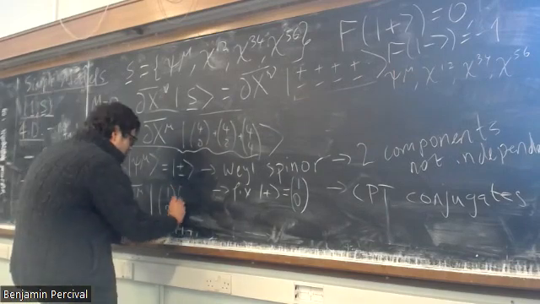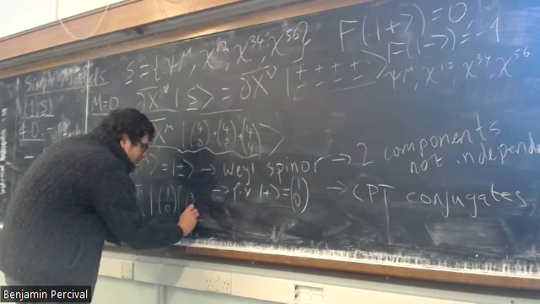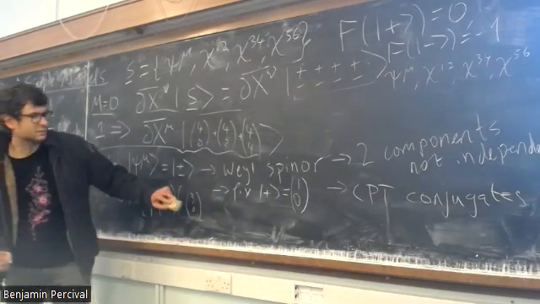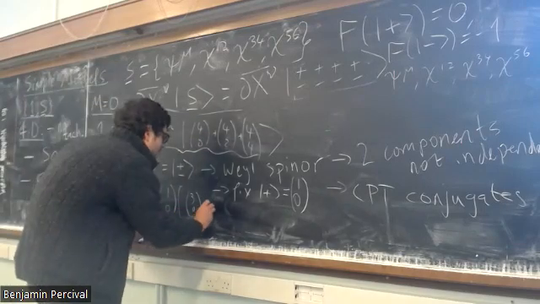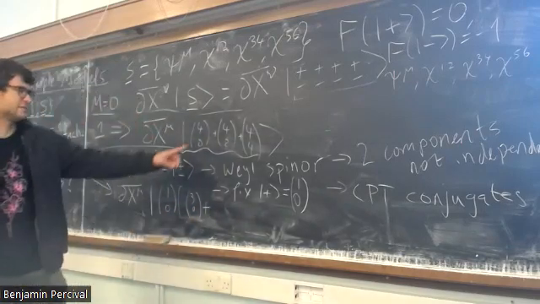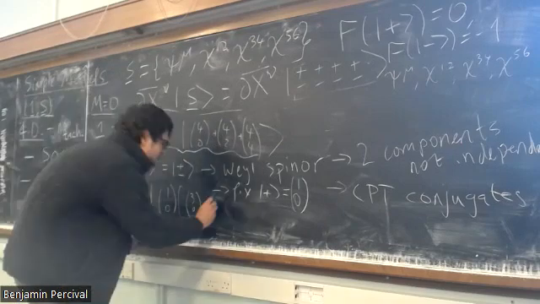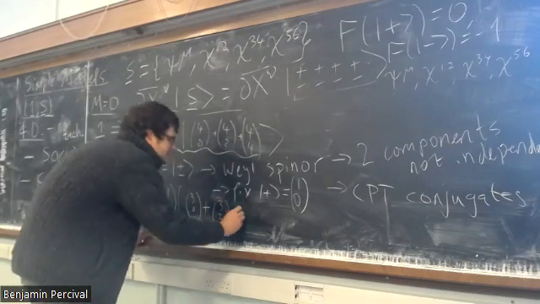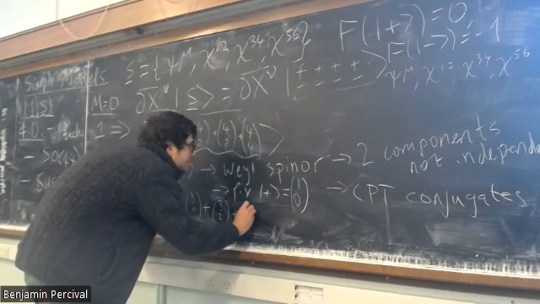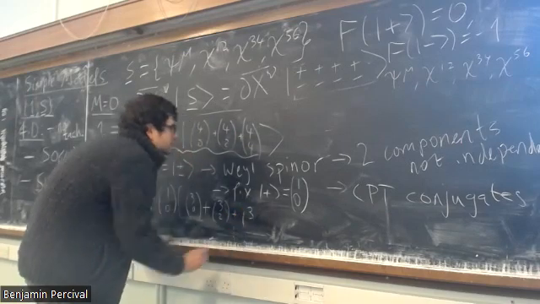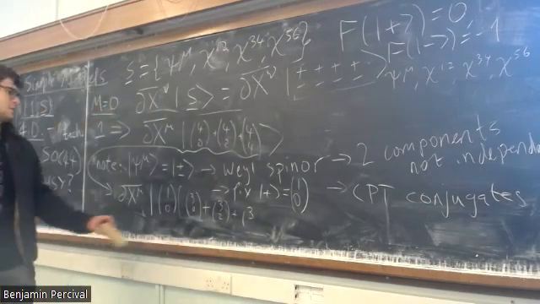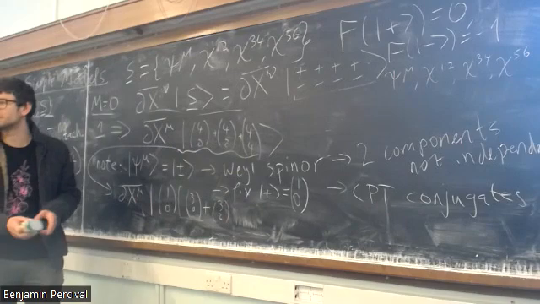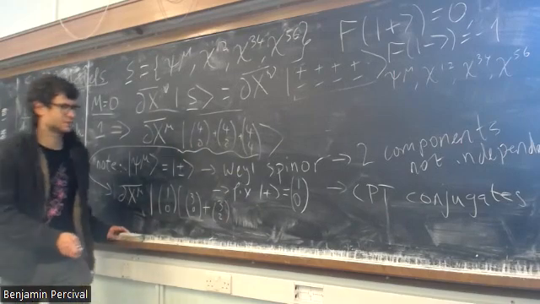For the first one, that's 1,0 times 3,0. Then 4,2 has become 3,2, and 4,4 becomes 3,3. Well, 4,4 is only possible in the CPT conjugate, when you've got this as minus.